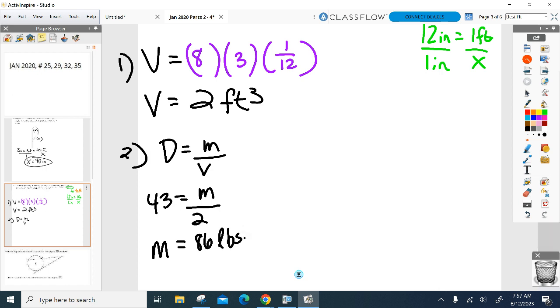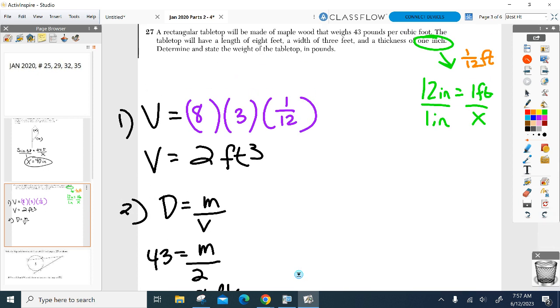A quick check too: make sure the density was in pounds, so whatever I got for my mass would be in pounds. If I had to change it to tons at the end, I'd have to convert again. All right, watch out for that. Watch out for the density problems.